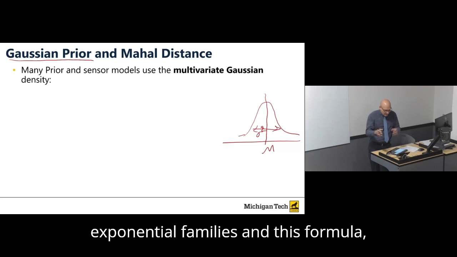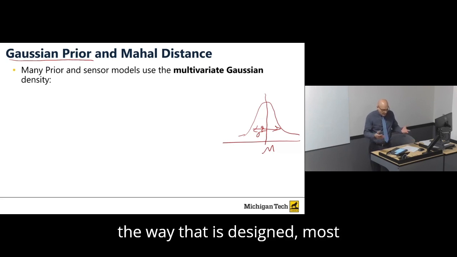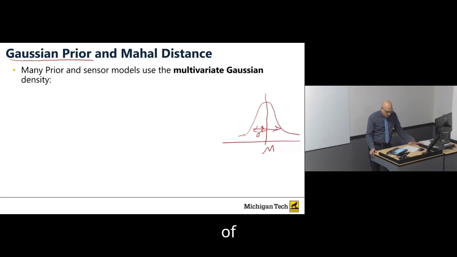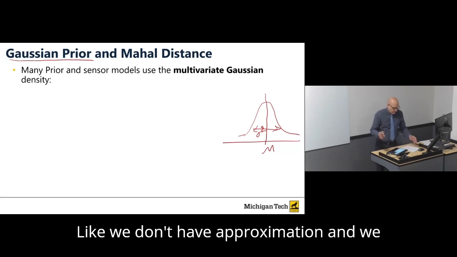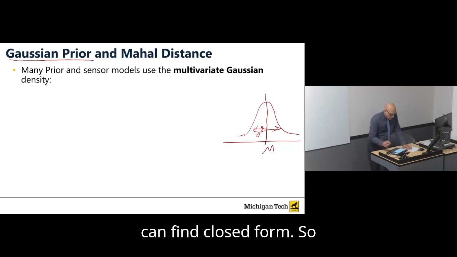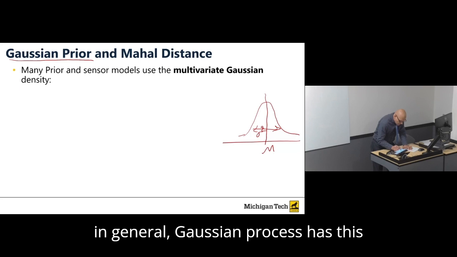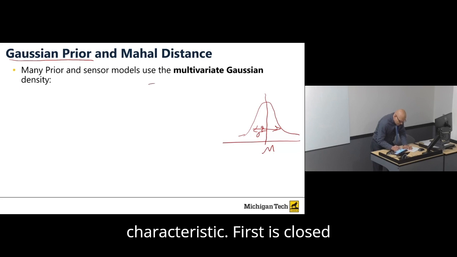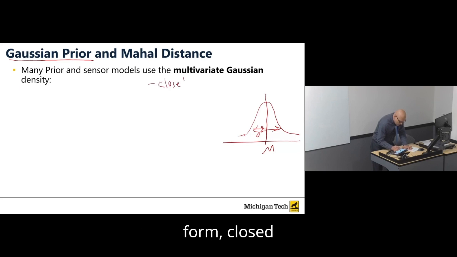because of the characteristics of exponential families and the way this formula is designed, we don't have approximation and we can find closed form. So in general, Gaussian process has this characteristic. First is closed form math.